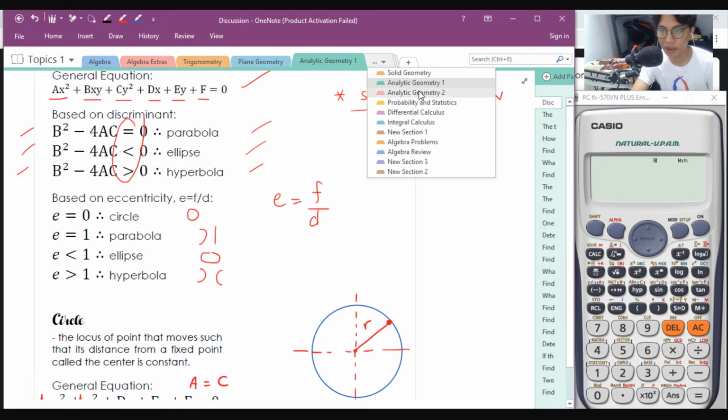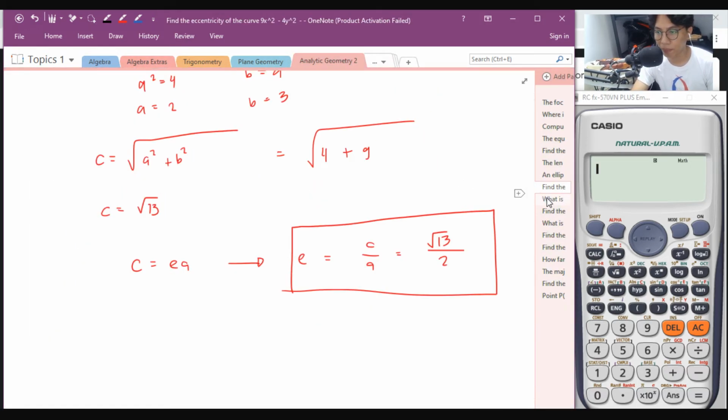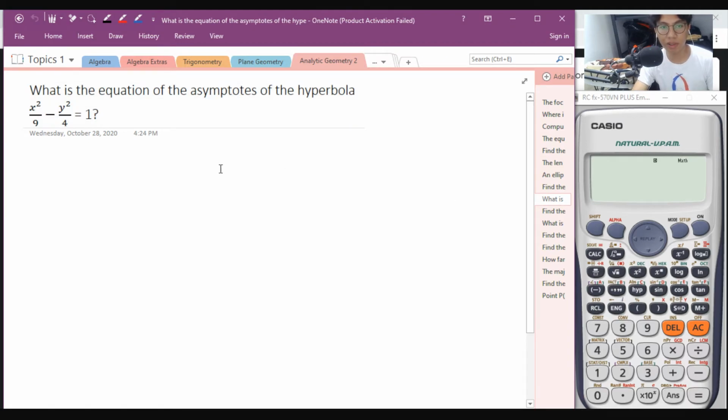Next one. What is the equation of the asymptotes of the hyperbola x squared over 9 minus y squared over 4 equal to 1? May formula ang asymptotes natin. Okay?